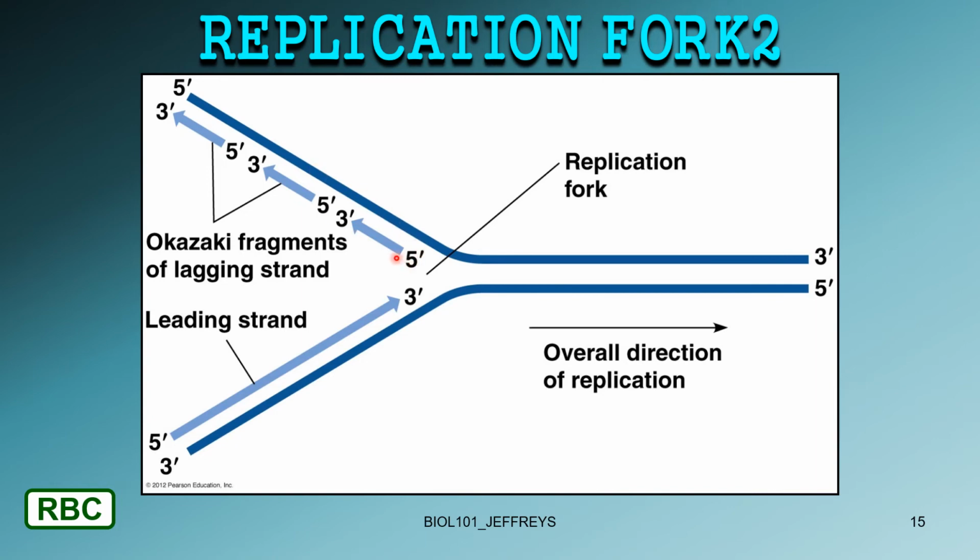So we have to make a segment, make a segment, make a segment, because the whole time we're making this segment, the fork is opening up, right? Helicase continues to open up the fork in this direction.